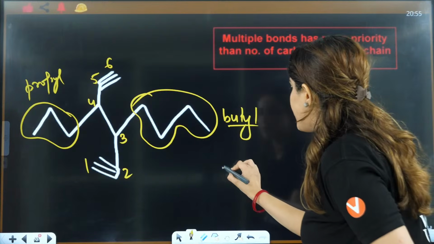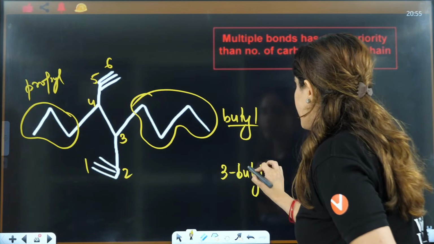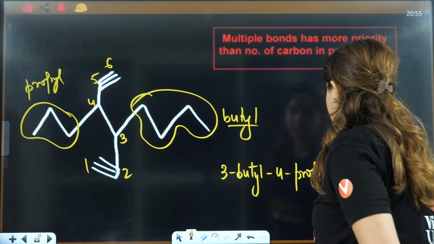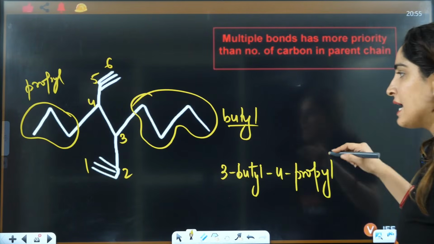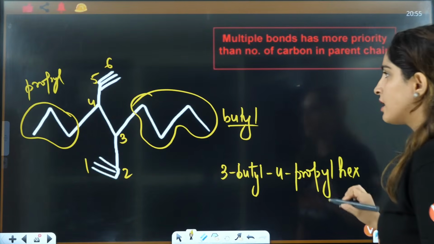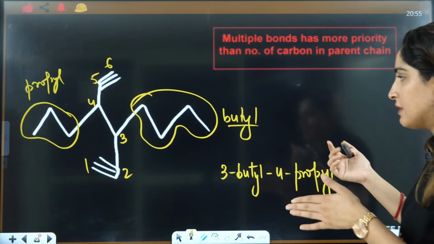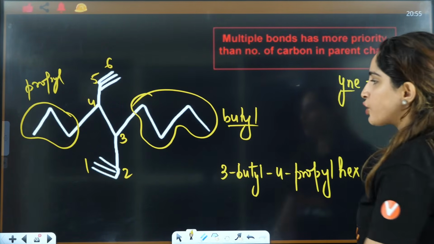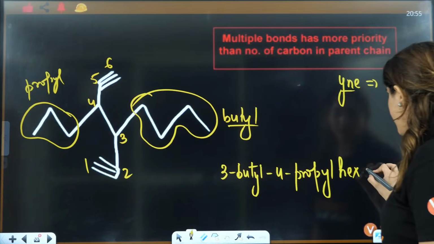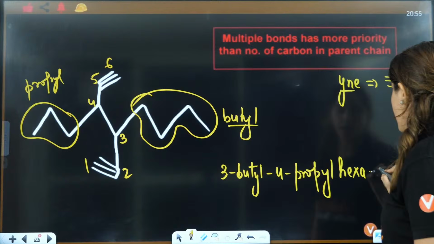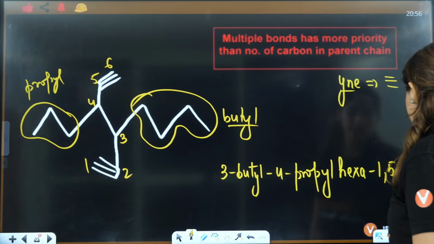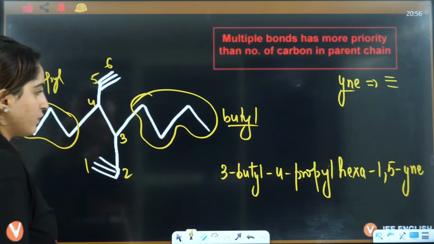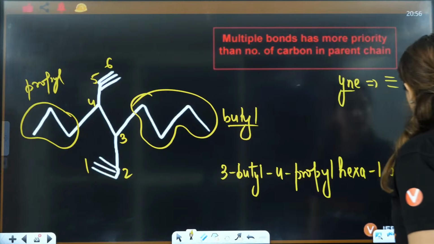So this will be 3-butyl, 4 propyl, and then hex. 2 enes you have, 2 ines you have. The triple bond is ine. This represents a triple bond. So you have the 1 and 5th position. So it will be hexa, in fact, hexa 1, 5 diine.